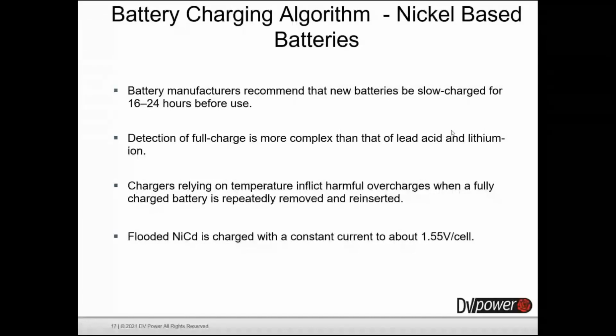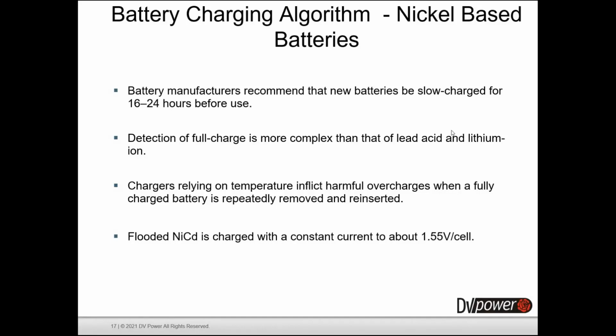But that's not advisable, because the temperature on the terminals of the battery, where you can actually measure it, is not the same as the temperature in the battery core. And that's why it's not advisable to use temperature as a terminating factor for charging a battery, especially a nickel-based battery. And this can also apply to a lead-acid system.